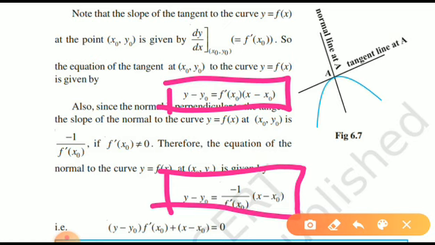So the equation of the normal will be y minus y naught is equal to minus 1 by f dash of x naught into x minus x naught. Hope this is clear to you. That means if you are able to find the slope of a tangent, then we can write the equation of the tangent as well as the equation of the normal.